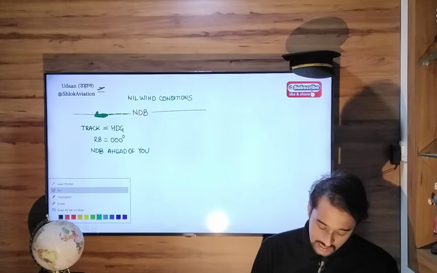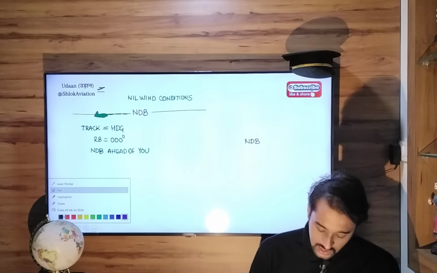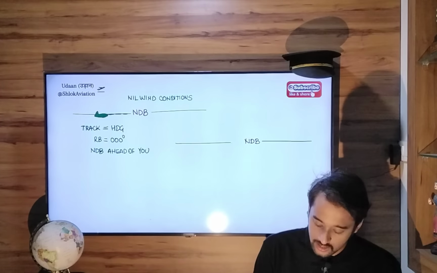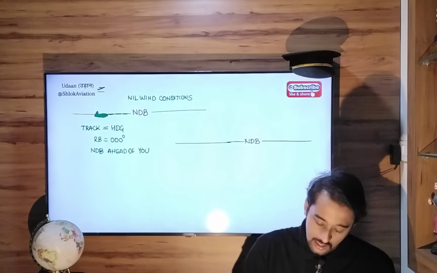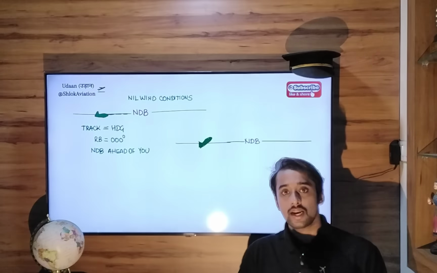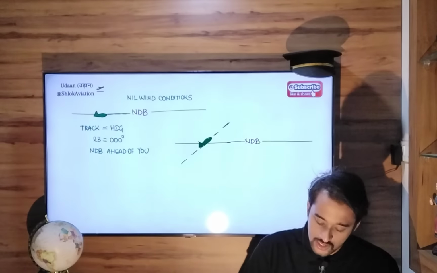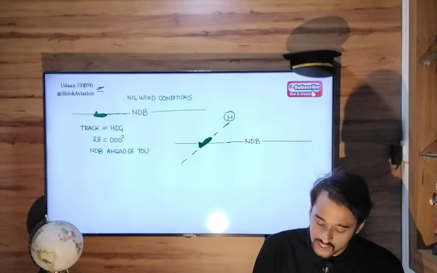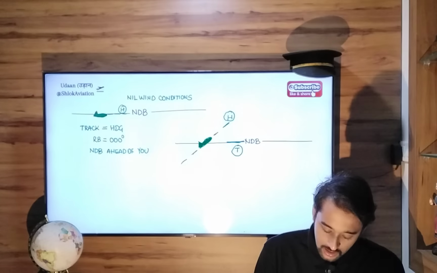In the other case, this is your NDB station and you are still tracking towards it, but the heading of the aircraft has decreased, meaning the aircraft is now heading to its left hand side. Heading decreases means heading turns left. So now this is your new heading. This is your track. Earlier your heading and track were equal.